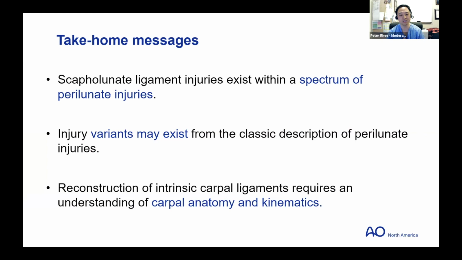Scapholunate injuries exist on a spectrum towards a perilunate injury and a lunate dislocation, but don't hang your hat on the idea that you can never have an SL tear with a transscaphoid perilunate, or that the SL short radiolunate should always be intact. There can always be variants, so be cognizant of that. And if you're going to reconstruct any intrinsic carpal ligaments, you have to know carpal anatomy and kinematics in the normal and then the pathologic wrist.